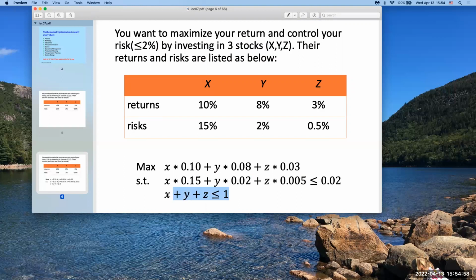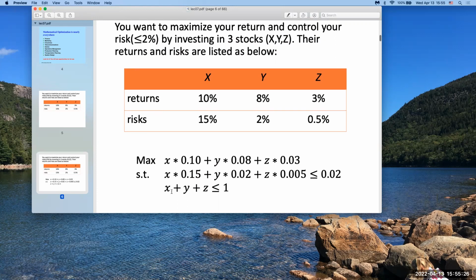So that's another constraint obtained from common knowledge. Also, another thing from common knowledge: can x, y, z be negative? Can you invest minus $10 in x? That doesn't make sense. So that's another common knowledge constraint, which basically means x, y, z should be greater or equal to 0.